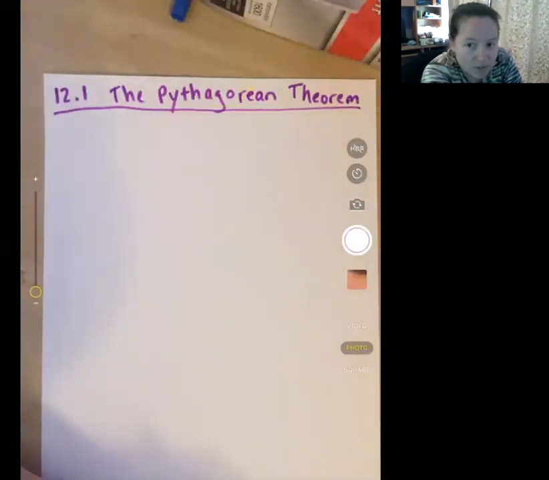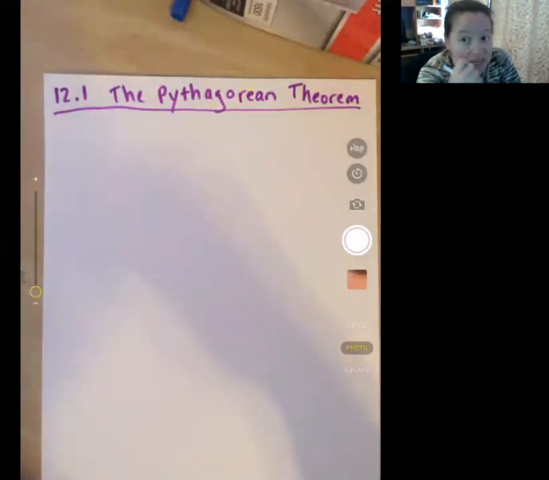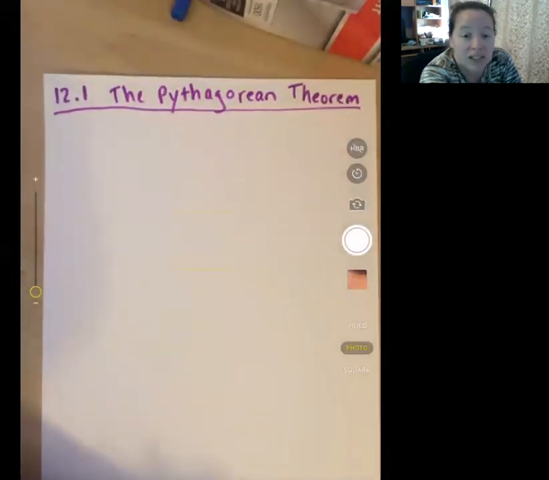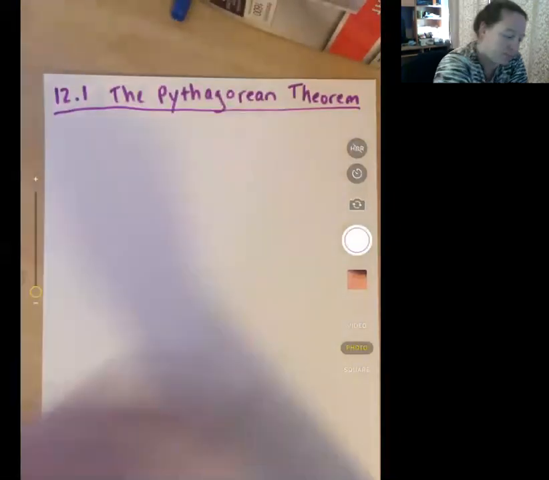The upshot of the Pythagorean theorem is for a right triangle, that means one of the angles is 90 degrees.